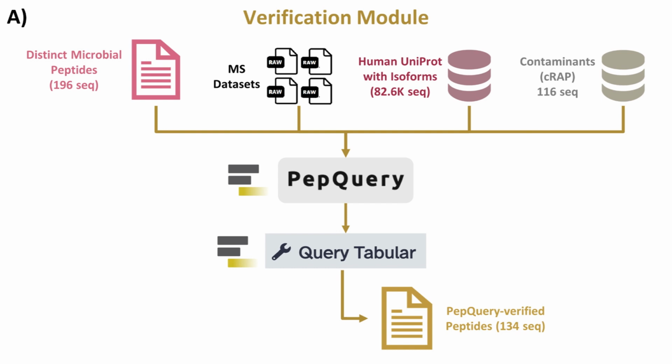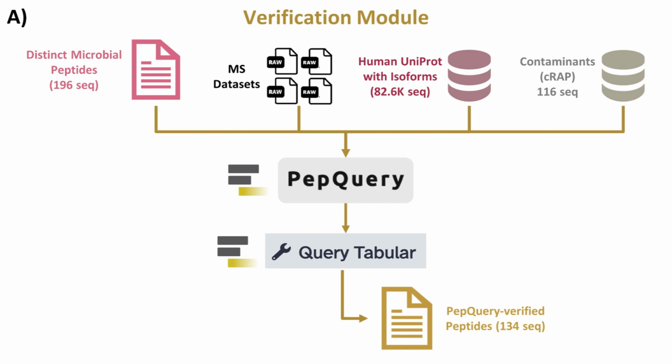Additionally, the Query Tabular tool is used twice in this module, once in Part A and again in Part B. In Part A, the Query Tabular tool will be used to select verified microbial peptides that were detected with confident PSMs. We will require the SearchGUI PeptideShaker and MaxQuant peptide reports from the Discovery module for this step.